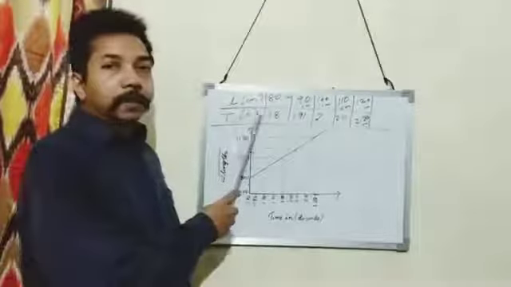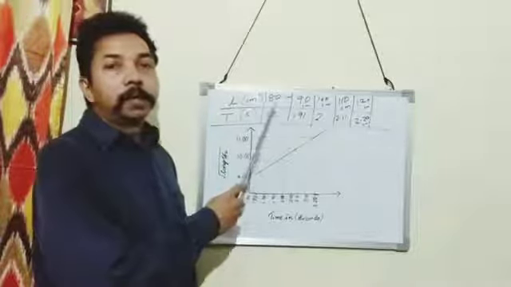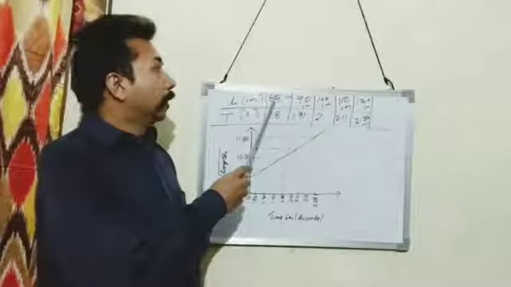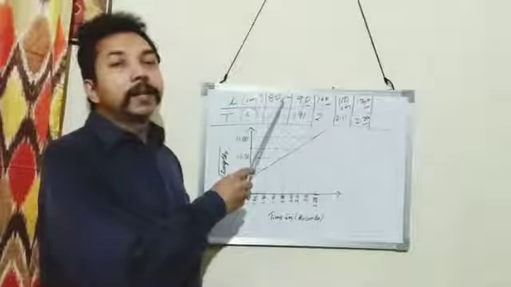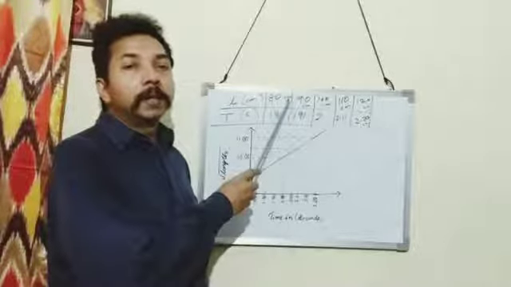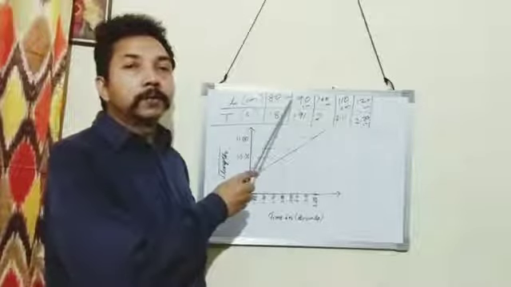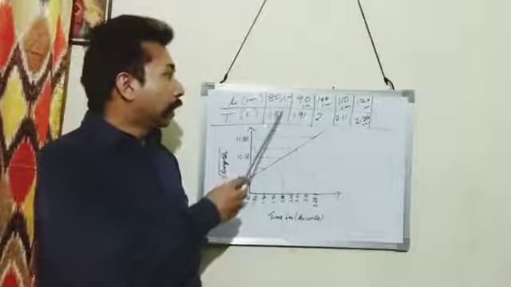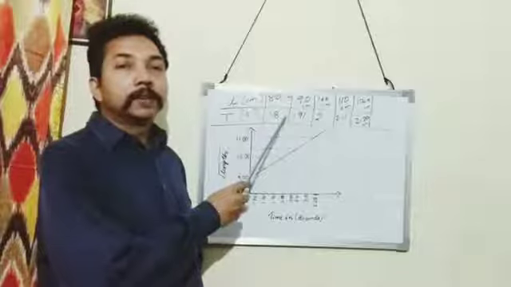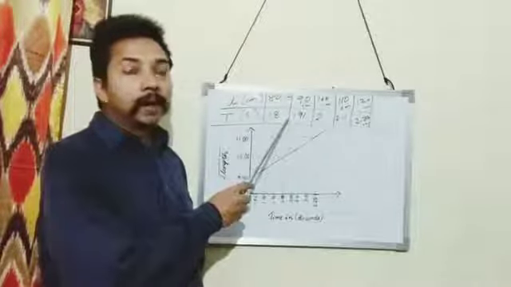See this table. This table shows the relationship between effective length and time period. When the effective length is 80 centimeter, meaning the distance between the point of suspension and the center of gravity of the bob is 80 centimeter, for 10 oscillations it takes 18 seconds, so the time period is 1.8 second.